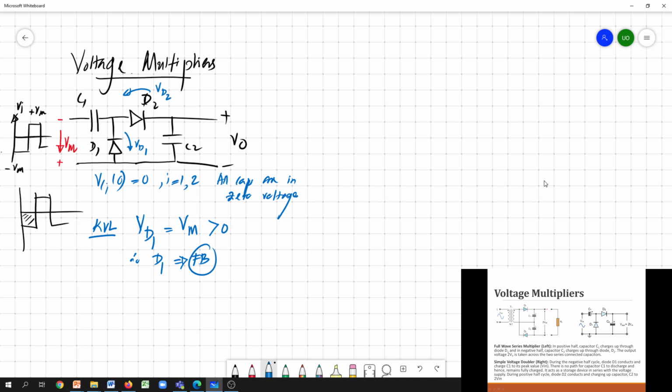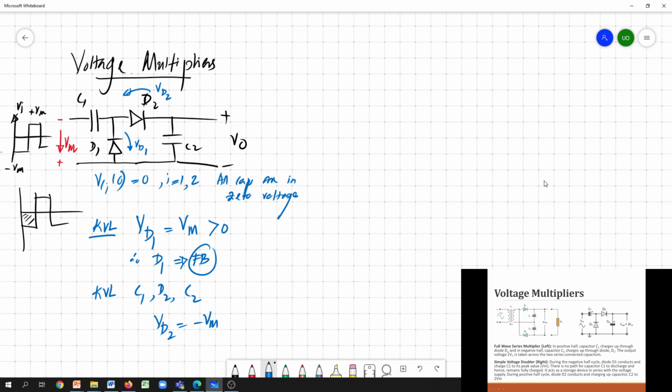So what about diode 2? If we consider the bigger circuit having the two capacitors and diode 2, and apply Kirchhoff's voltage law around the C1, D2, C2 loop, we can claim that VD2 is minus Vm. Here 0, here 0, VD2 plus Vm equals 0.